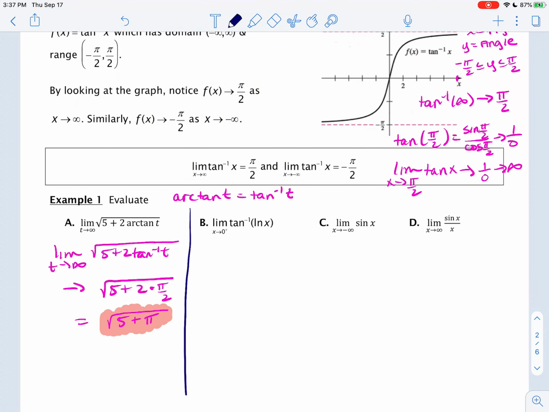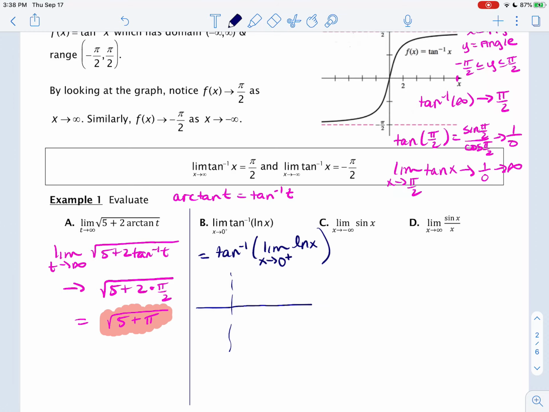With our second one, we can look at graphs of functions, and remember the limit of a composition of functions is the composition of the limits. We can say that the limit as x approaches 0 from the right, we can calculate our inverse tangent of the limit as x approaches 0 from the right of ln of x.